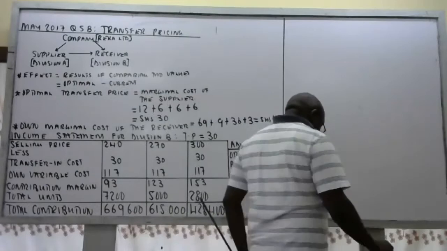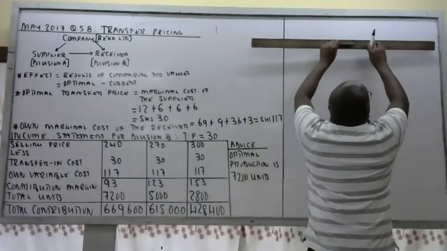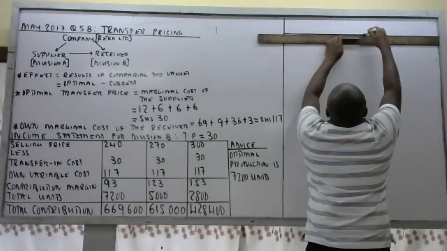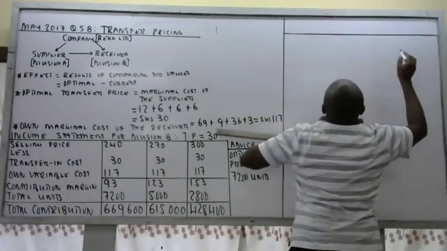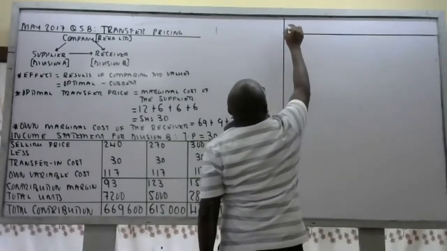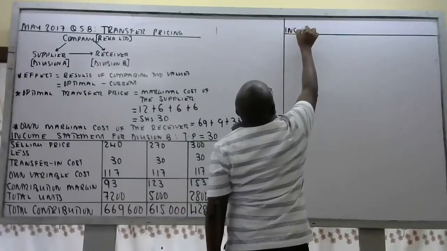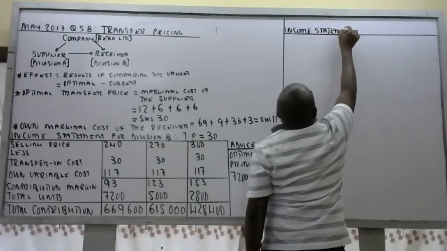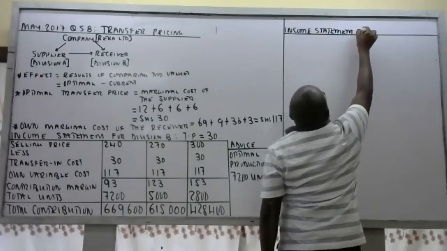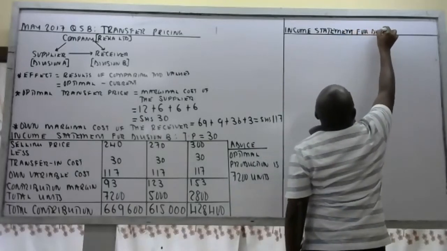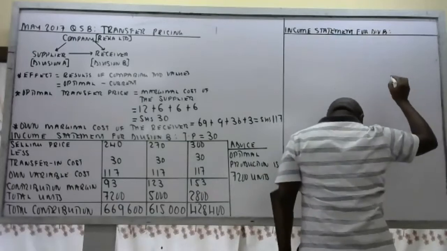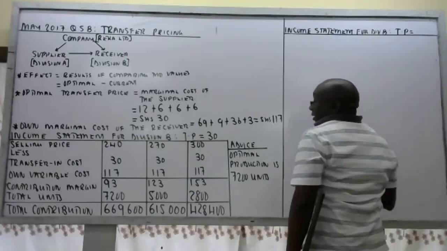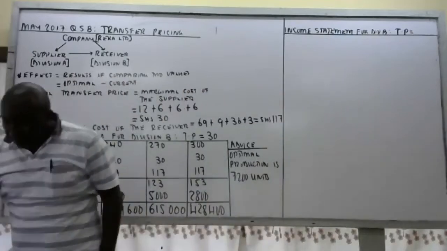I now need to have another income statement for division B. And this is when we go by the current transfer price.